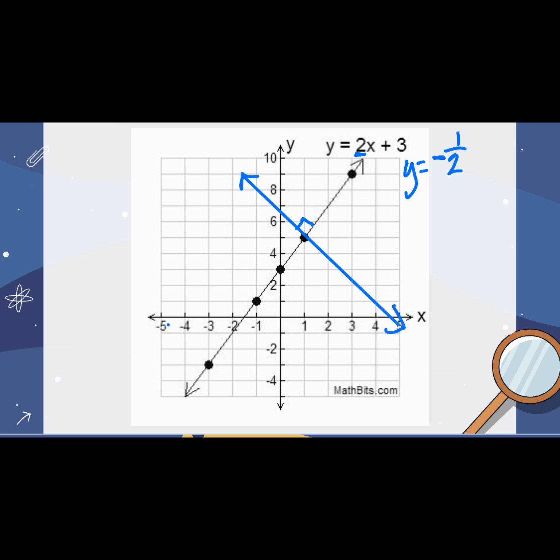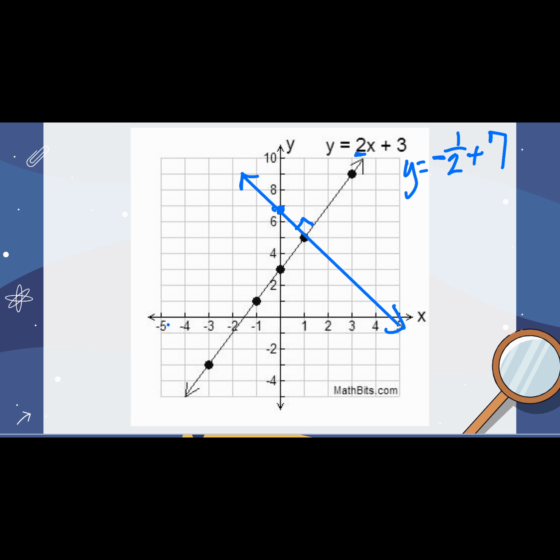It's the inverse because instead of 2, we have 1/2. And the y-intercept also would be different, right? It's right around here, and let's just say it's about 7. So the y-intercept would also change. Do we see how that makes sense? How a parallel line would have the same slope? Why that makes sense? Because that means that they would never touch. And the perpendicular line is a little bit more difficult. It would have an opposite inverse slope.